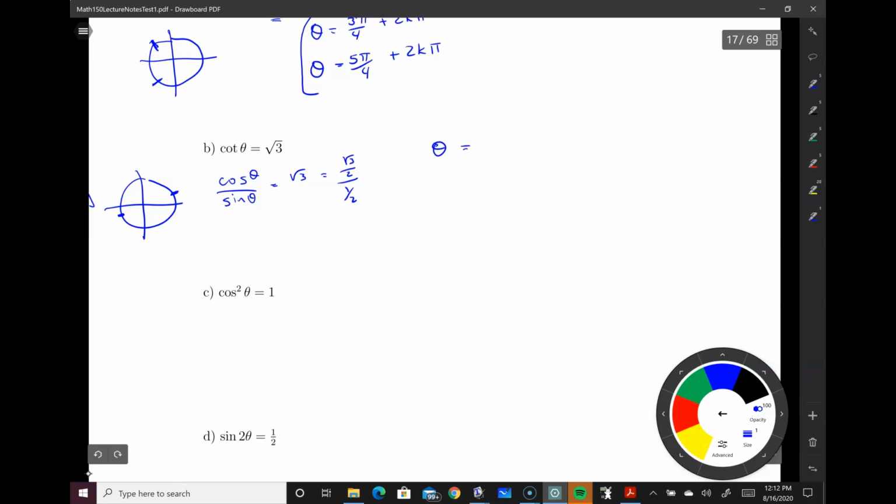So I have theta equaling pi over 6 plus any 2k pi multiple, or this one over here, which is 7 pi over 6 plus any 2k pi multiple.